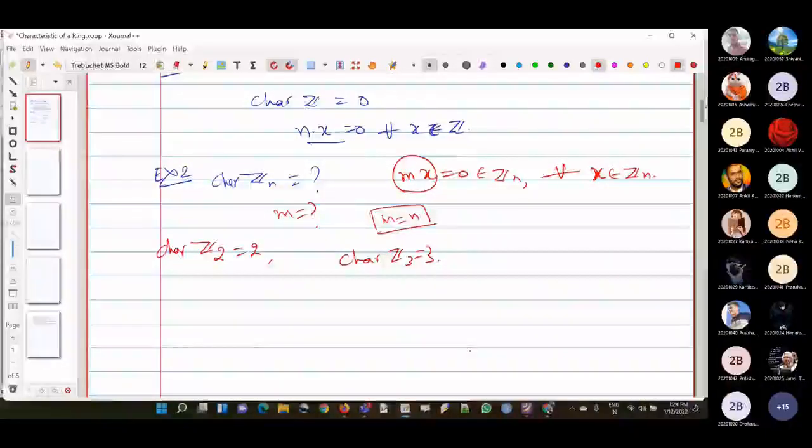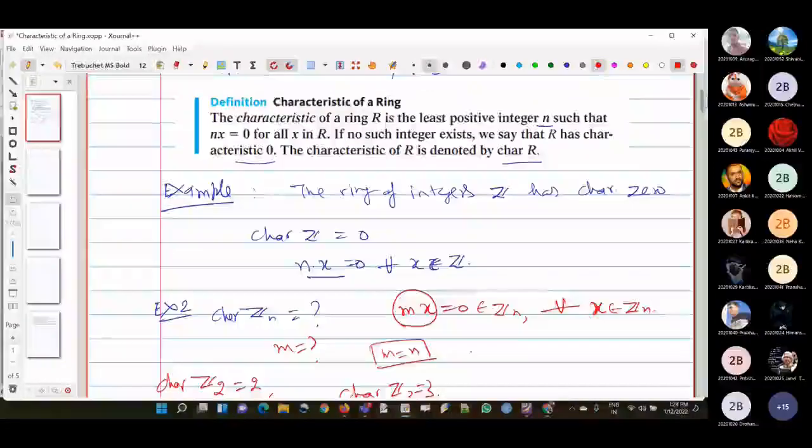Next, it is sometimes difficult if the ring has so many elements, not just two or three. If there are two or three elements, then of course one can easily verify. But in case the given ring has many elements, then it is difficult.